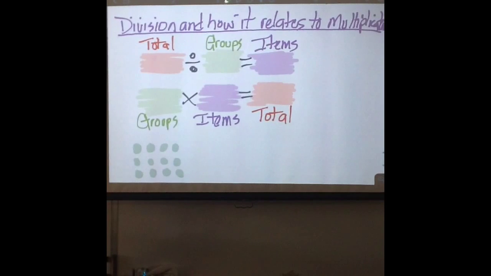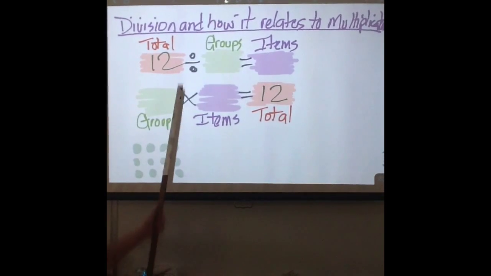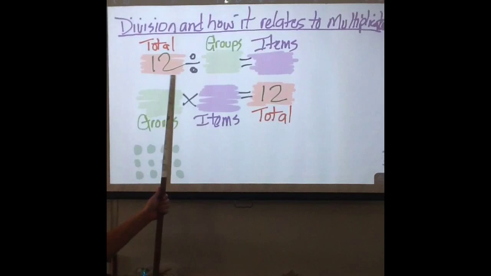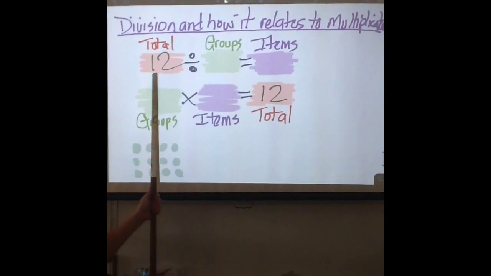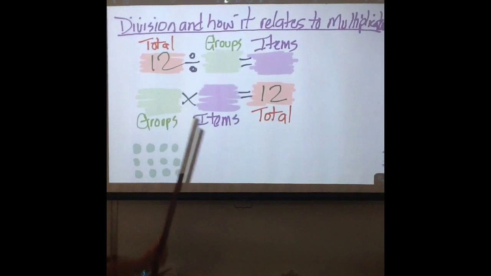The total. Put it in the total. Okay, so it's going to go up here because we have 12 dots. We poured it out of the bag, and we ended up with 12 grapes. The green dots are grapes. And our total here in the division is first, right? The total in a division problem comes first.